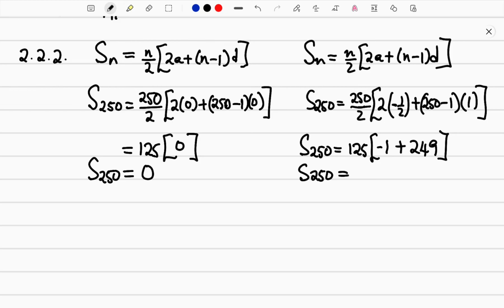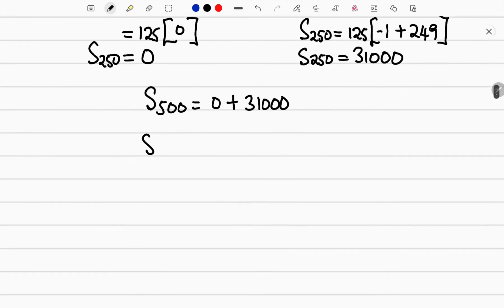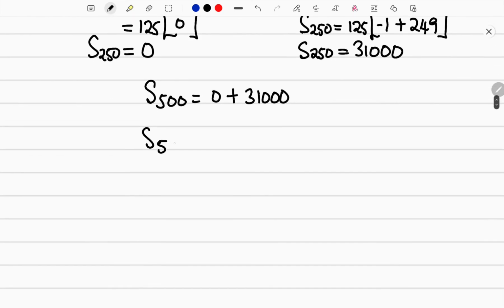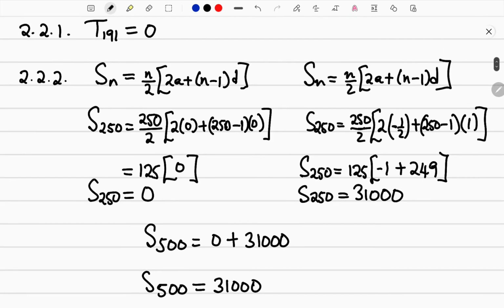The answer will be 31,000 there. The answer will be 31,000, meaning that the sum of 500 terms will then be 0 plus 31,000, which will stay as 31,000. It won't change.